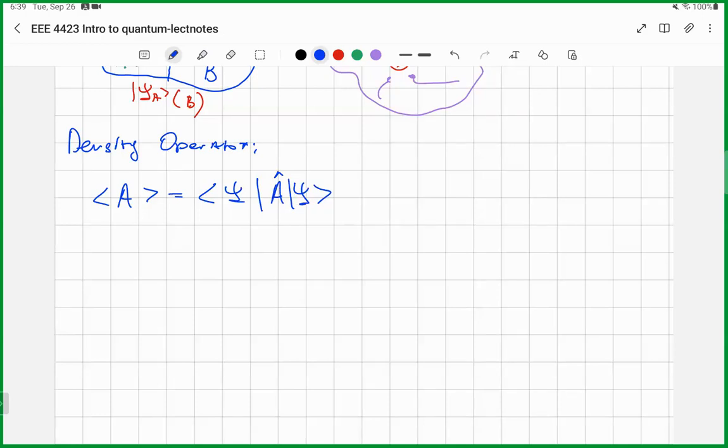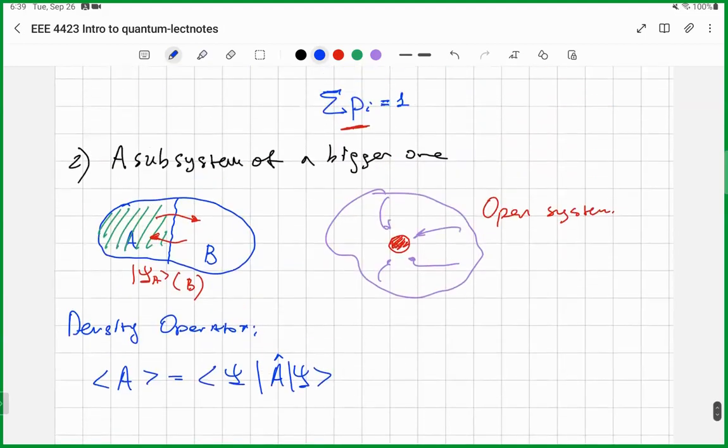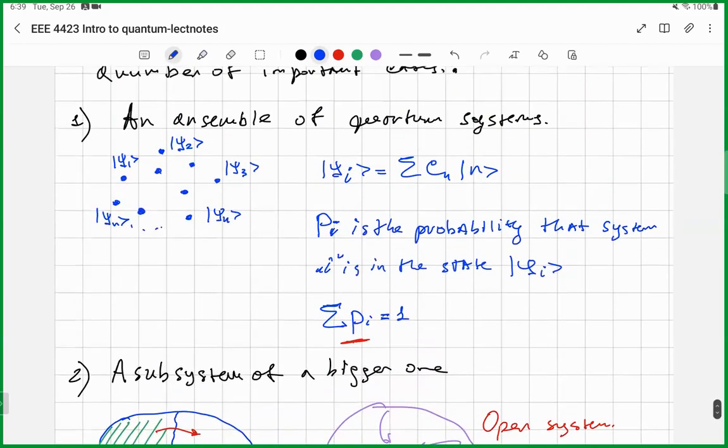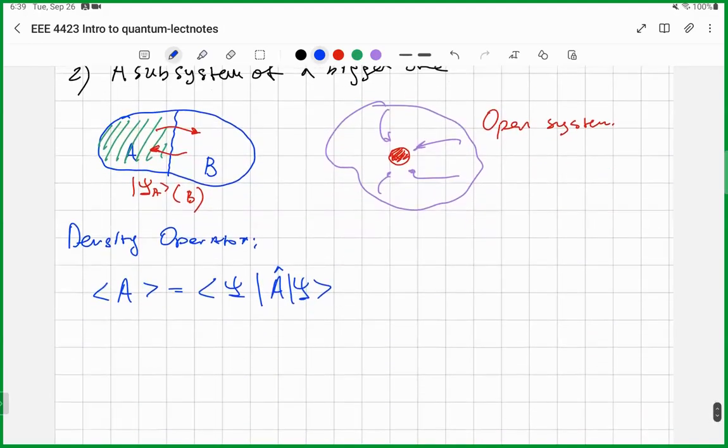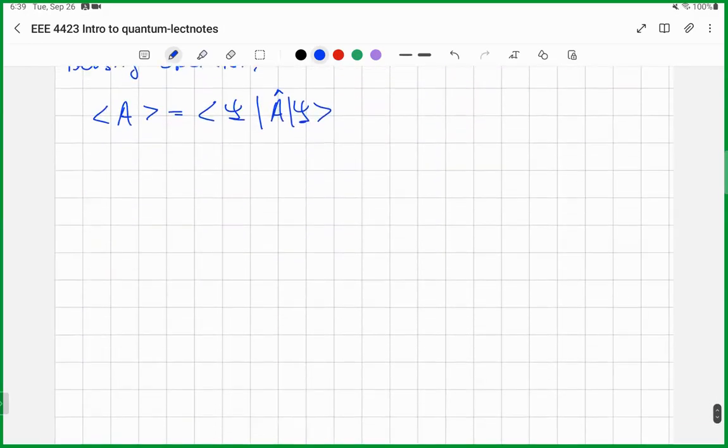And this, of course, holds true for any system, including the two cases that we discussed above, ensemble and open system.